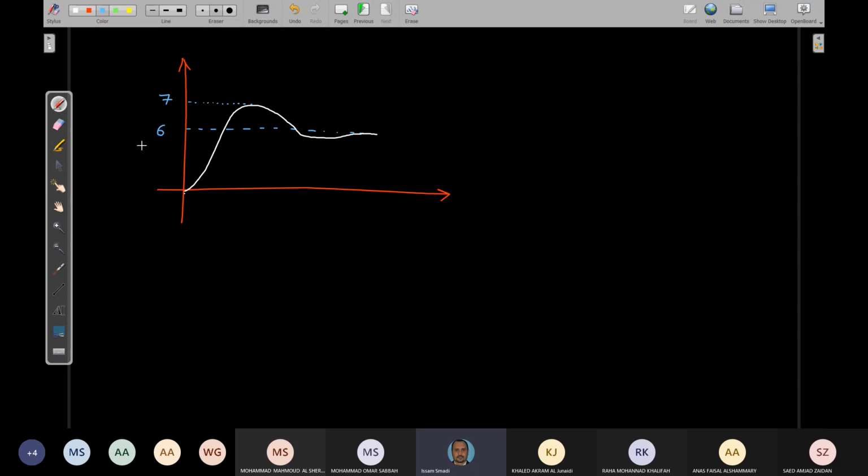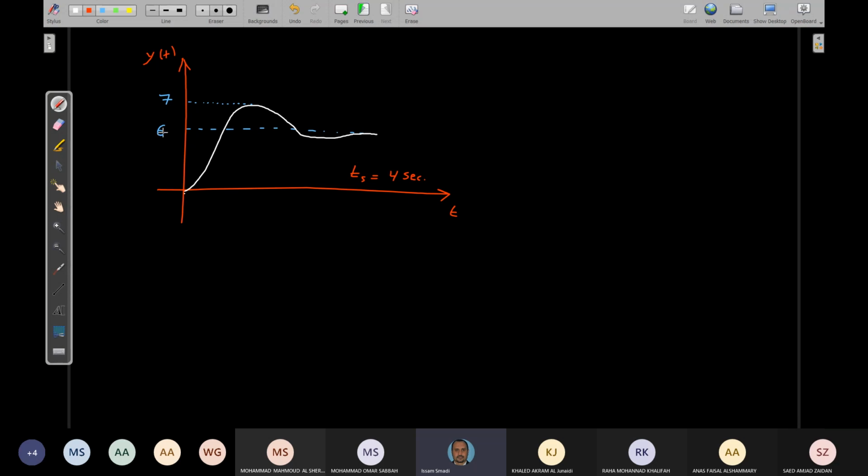And I'm giving you only this information, that the settling time is equal to 4 seconds. Why am I choosing 4 seconds all the time? Because simply this will give me a 1. Ts is equal to 4 seconds.